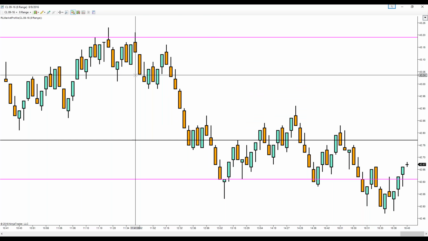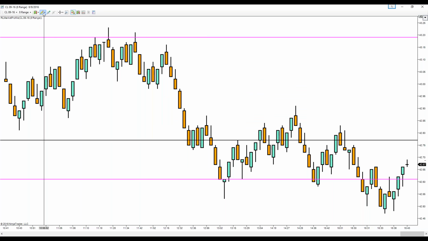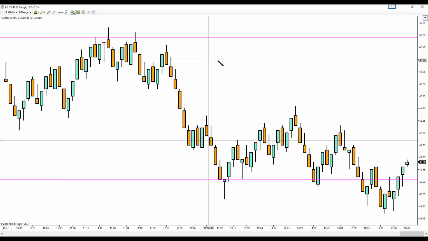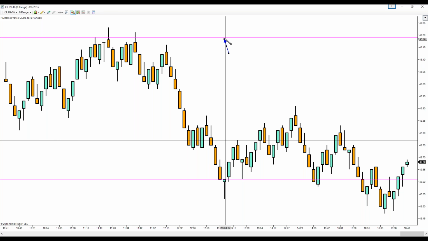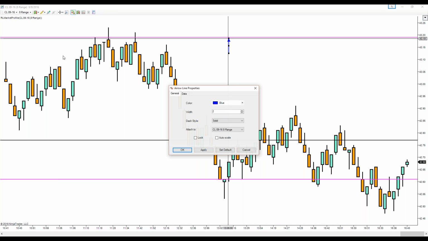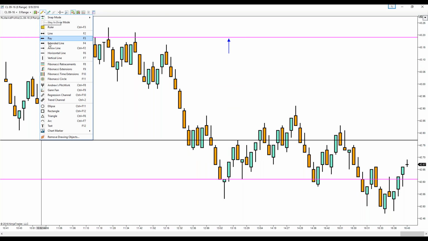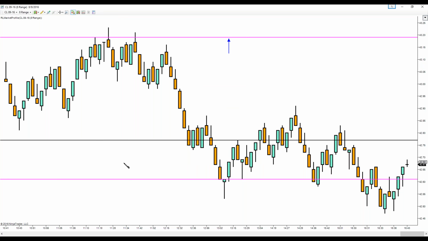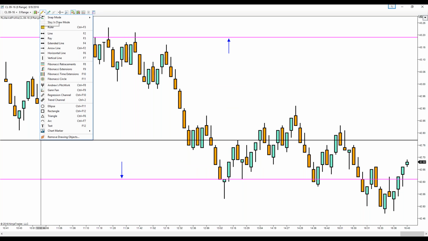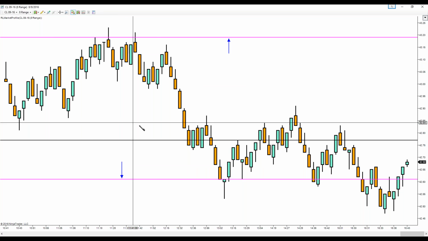Now, for those of you that are not familiar with market profile, this is the value area high. This is the value area low. And this is the point of control.